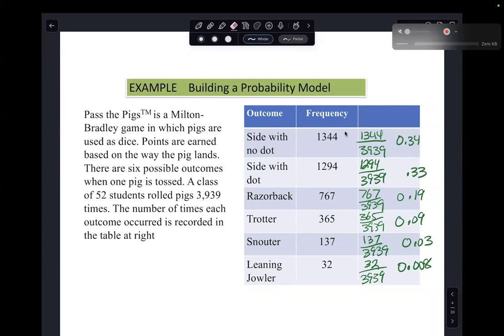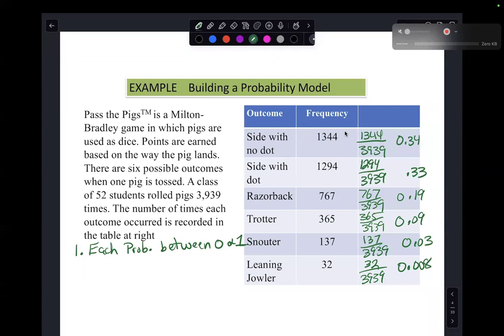I'm going to tell you the things that a probability model must have, and I think the next slide might tell me this, but I'm going to write it here anyway. So every probability, each probability is between 0 and 1. And it can be 0 and it can be 1, so it includes those endpoints.